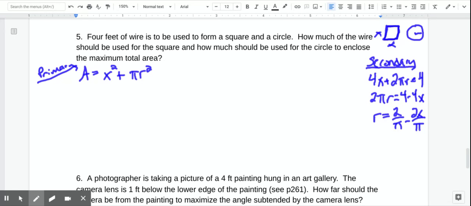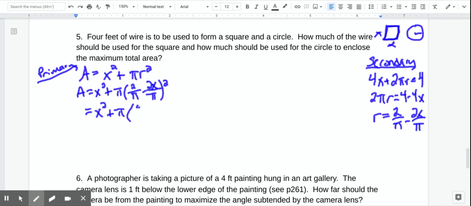Okay. And now I'm going to plug that into my area formula. So I have x squared plus pi times 2 over pi minus 2x over pi, squared. And I'm going to go ahead and FOIL that out before I attempt to take the derivative. I think that'll be easier.